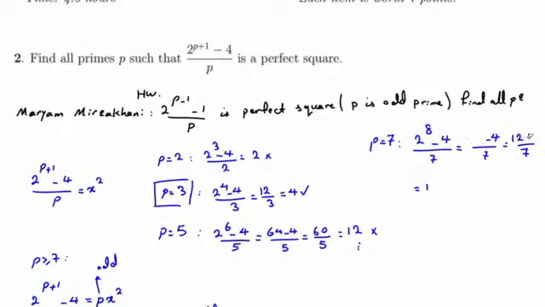Let me replace it: 256 minus 4 is 252. 252 over 7, if you divide it, is 3 times 7, 21, 42, 36. It is another perfect square, so p equals 7 also works. So we proved that except for p equal to 3 and 7, there is no answer for this problem.